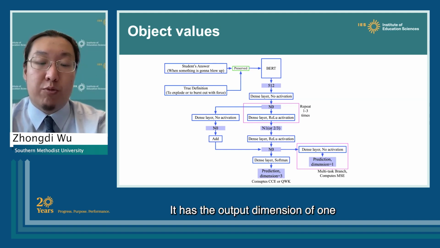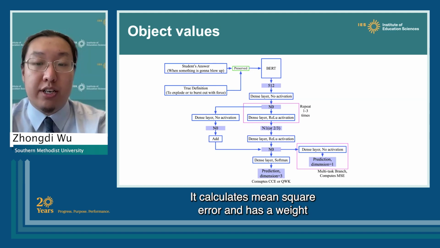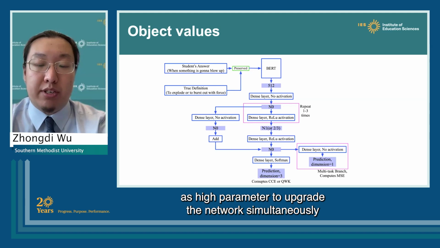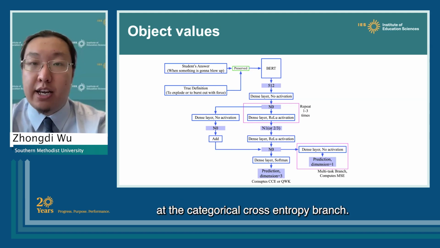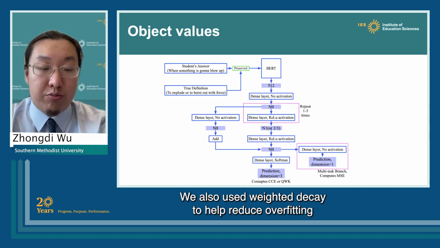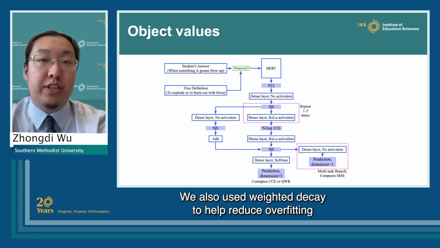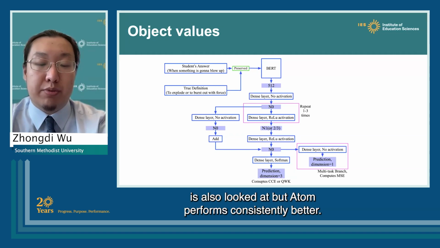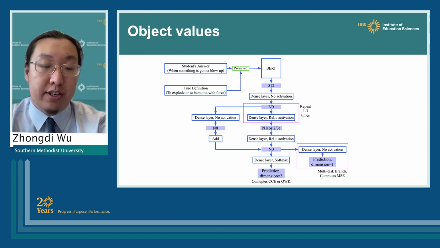The other is to construct a multitask learning by adding another output layer. It has an output dimension of 1 and does not have an activation function. It calculates mean square error and has a weight as hyperparameter to update the network simultaneously with the categorical cross-entropy branch. We also used weight decay to help reduce overfitting, and Adam as optimizer. RMSprop and stochastic gradient descent were also looked at, but Adam performs consistently better.